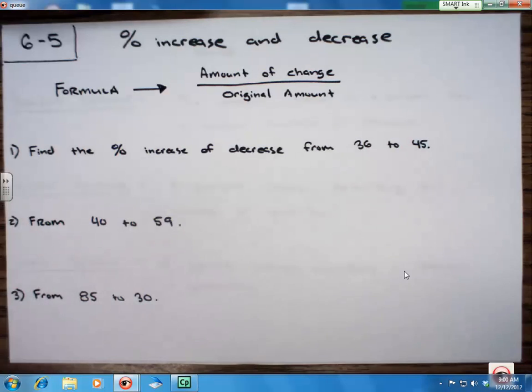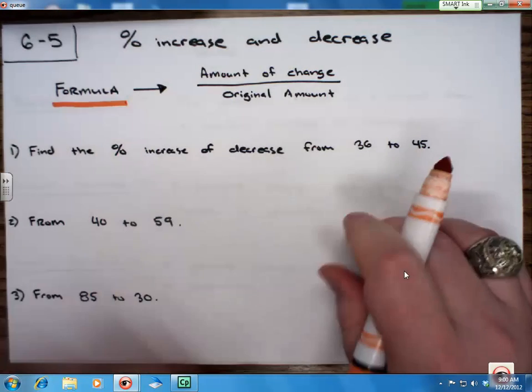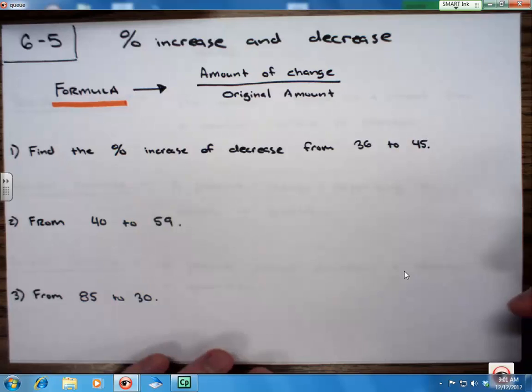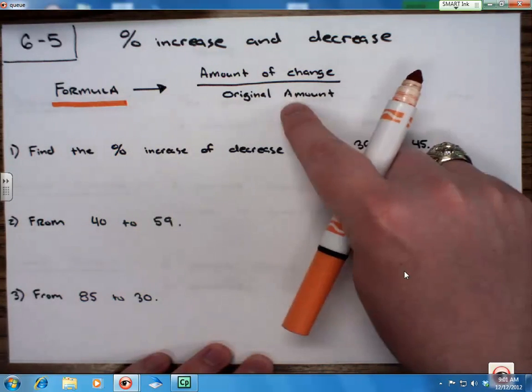The first thing you should notice is our formula. The formula that we're going to use in order to solve these is going to be a fraction with the amount of change on top over the original amount.